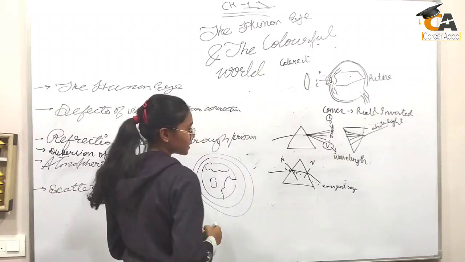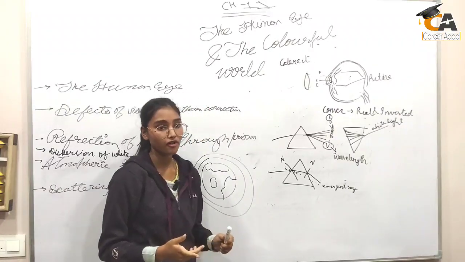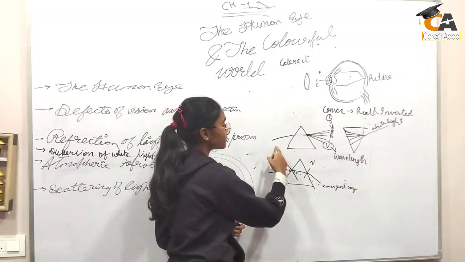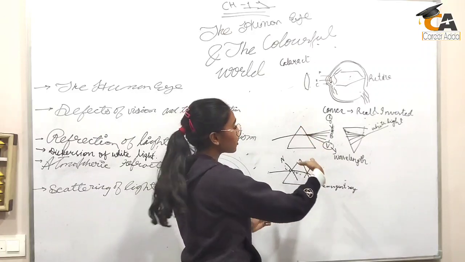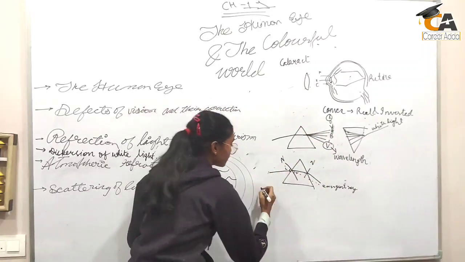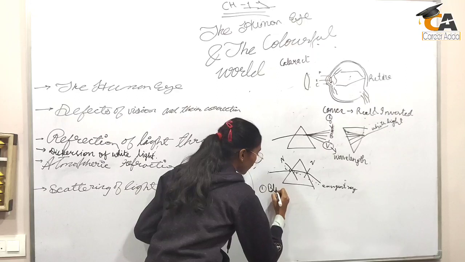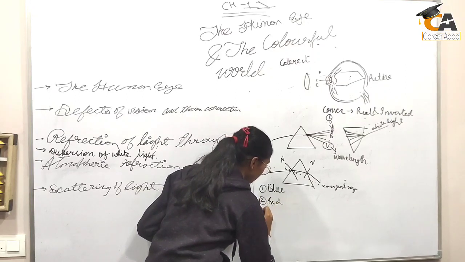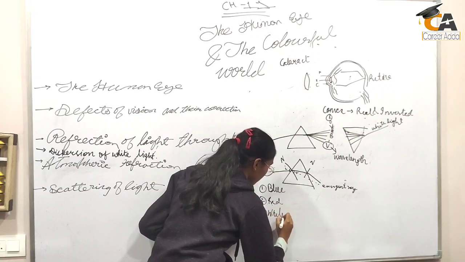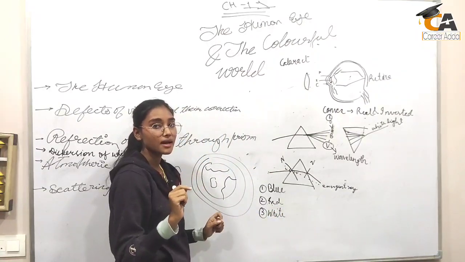Now coming to scattering of light. What is scattering of light? As we know, when white light is passed through a prism, it disperses into 7 colors. In the atmosphere, tiny water droplets are present.